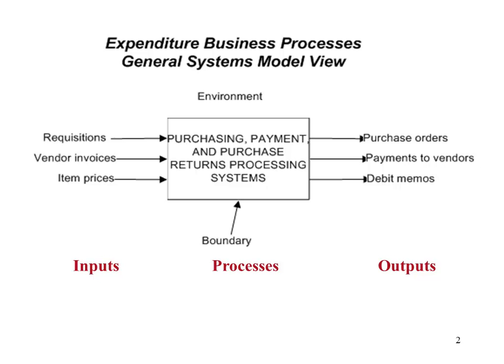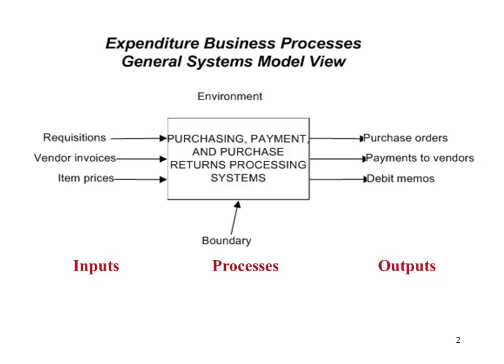So then what are the outputs? If you want to order something, you should create a purchase order and send it to a vendor. You need to pay a vendor, so write checks, for example. Finally, you have debit memos. Why do we have debit memos here, dear accountants?